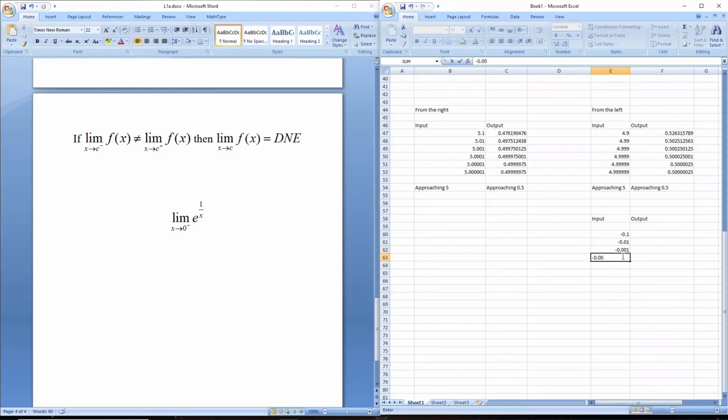And the more numbers you choose, the easier the final pattern can be to see. And especially if you're using Excel, it's pretty easy to do many number inputs and see what happens. So now that we've chosen our inputs, we will put that into the function and observe what happens.